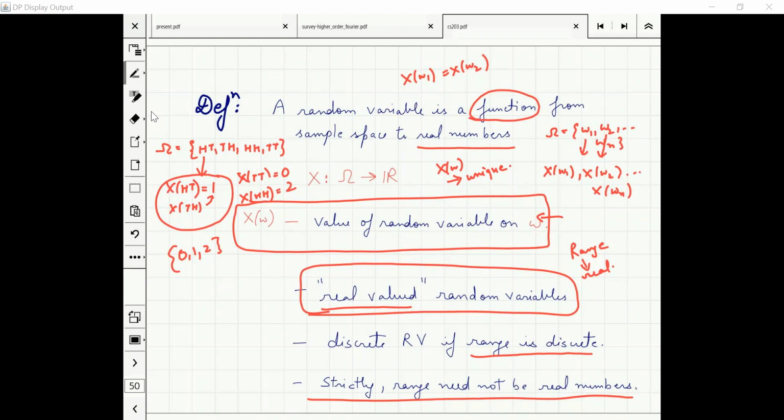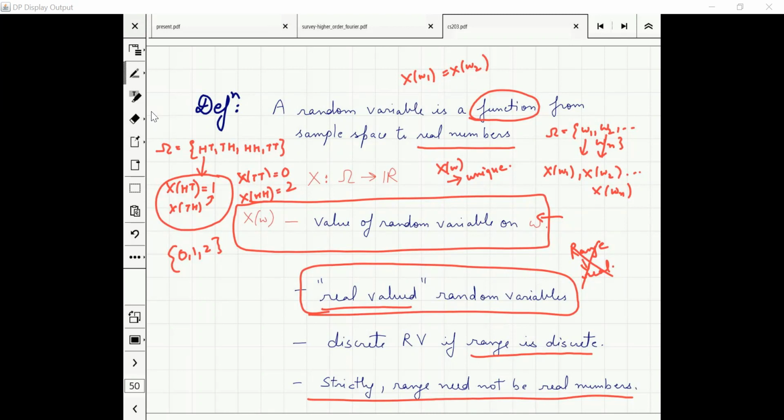I should not say range in two ways. One is what are the possible outcomes of X out of real numbers, and those are what I'm calling a range. So even though X is allowed to have any real number, for a particular instance of X, it might only take certain values. For example, whenever I'm counting the number of heads, it has to be an integer.